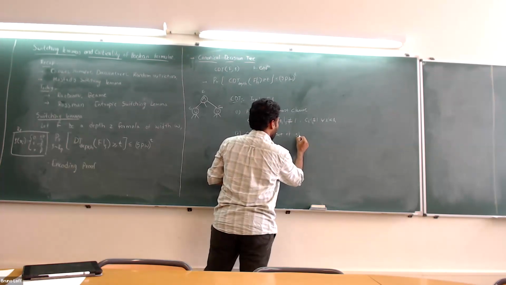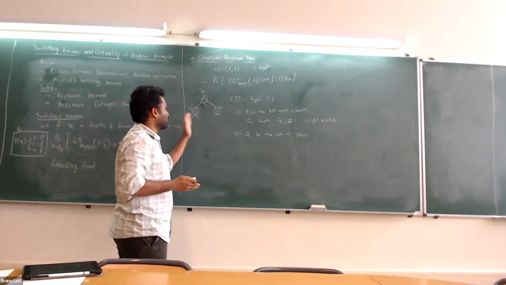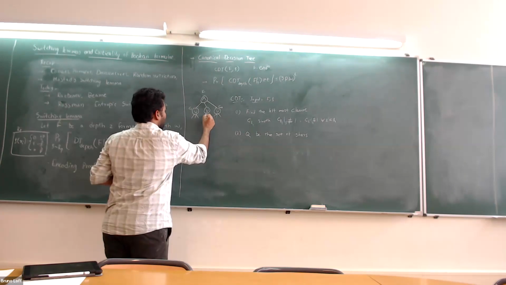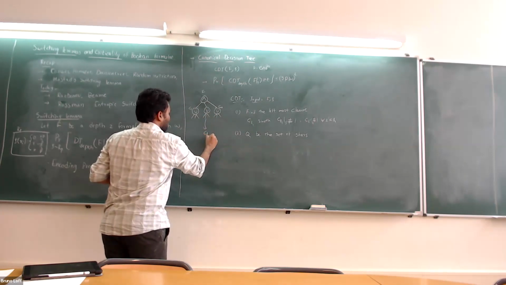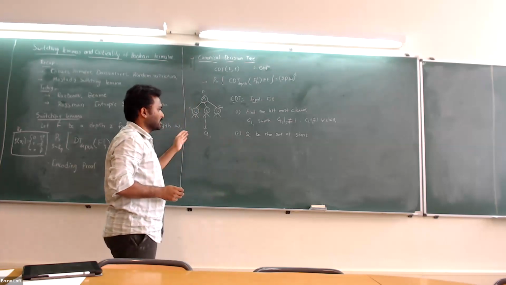Star variables. By star variables, I mean we are working with a restriction. That restriction must affect some variables in CL1. Q is a set of star variables, unset variables.